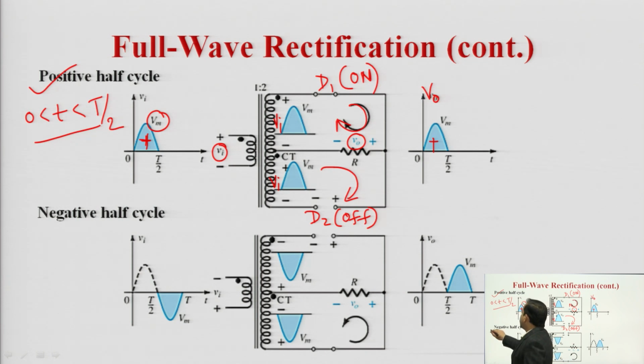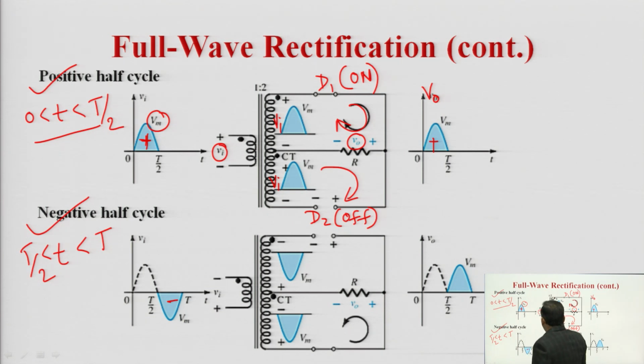Next, if we consider the negative half cycle, means now we have T by 2 to T. Due to this negative half cycle, on the primary side this terminal will become positive and this will become negative.